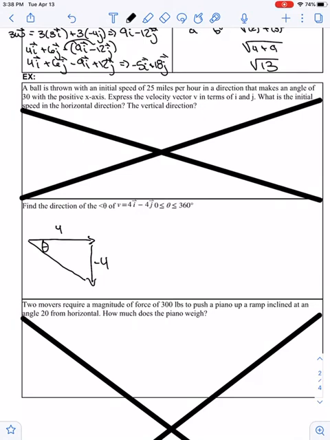So we're trying to figure out what that direction is between the ends of these vectors. And from the 9.1 section, we know the formula theta equals the tan inverse of y over x. And since this would be in the 4th quadrant, we don't add pi. It's just tan inverse y over x. So I'm going to plug in those values. Theta equals tan inverse negative 4 over 4, which equals tan inverse of negative 1.